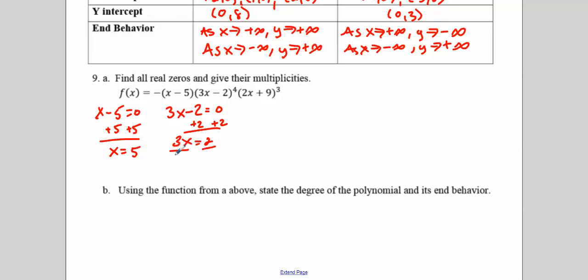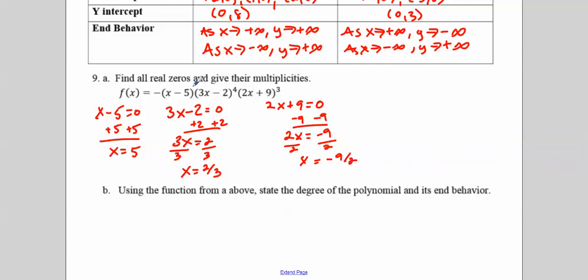And divide by 3. So x equals 2/3. And the last one, 2x plus 9 equals 0. 2x equals -9. X equals -9/2, or -4.5.